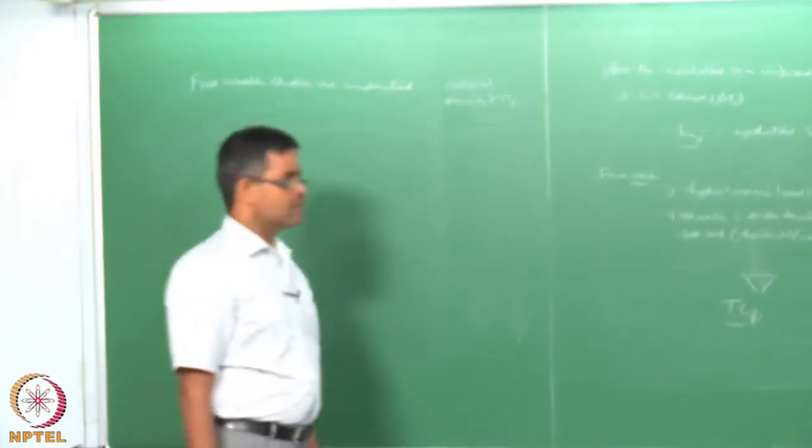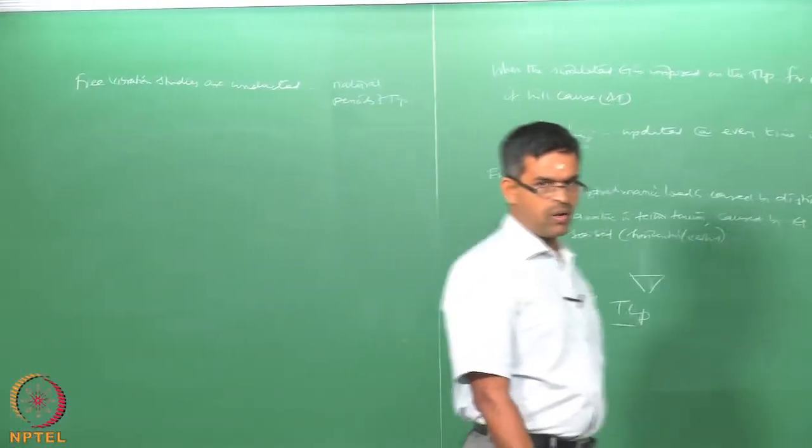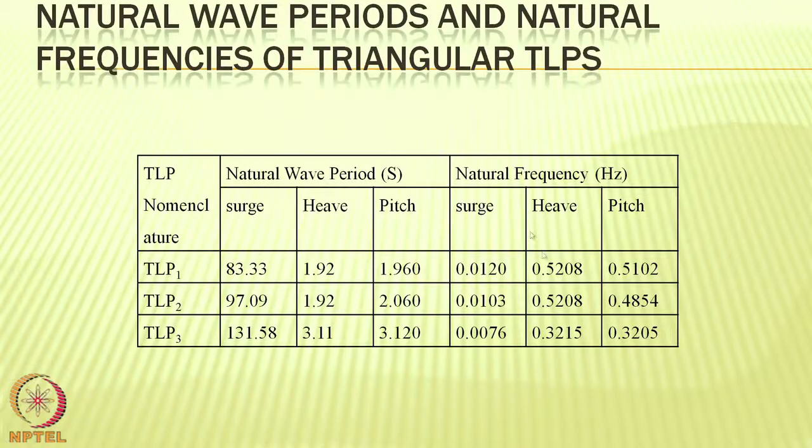So, pay attention to the table shown on the screen now. For different TLP nomenclature, that is TLP1, TLP2 and TLP3, whose geometric properties are shown earlier, the natural frequencies and periods in different degrees of freedom which are active for this present study are shown in the table.